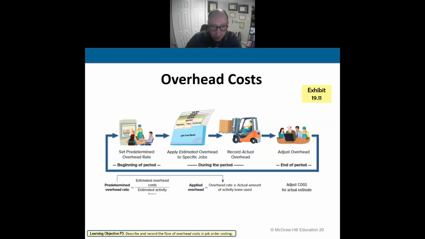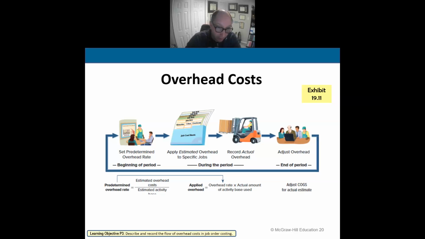So we take the overhead rate times the actual amount used. So the overhead rate, 160% in our earlier example, right? Times the actual amount used, the actual direct labor used, $1,000 in that earlier example, right?